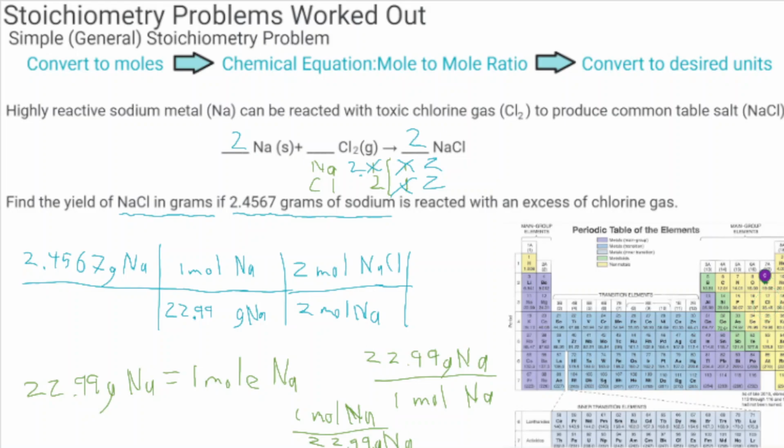If we add those numbers together, we'll get 58.44. So we're going to say for every 1 mole of sodium chloride, and I highly encourage you to just always use 1 mole when you're doing molar mass, for every 1 mole of sodium chloride, we have 58.44 grams of sodium chloride.